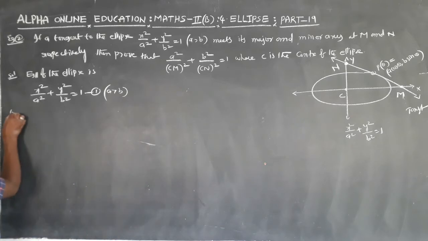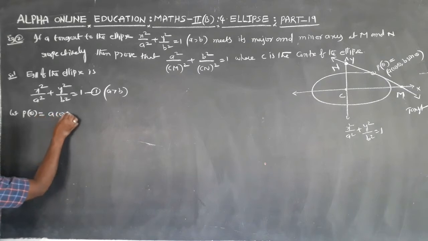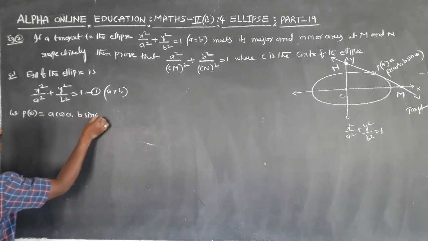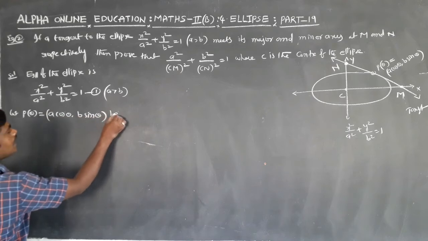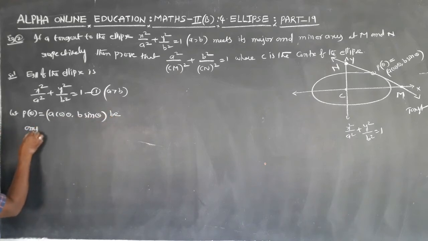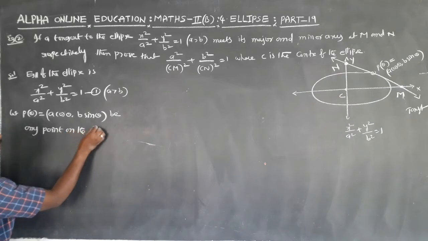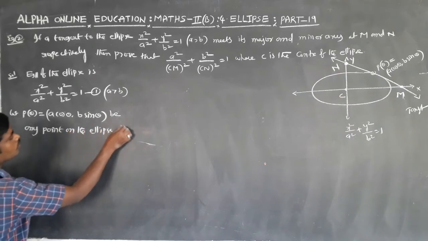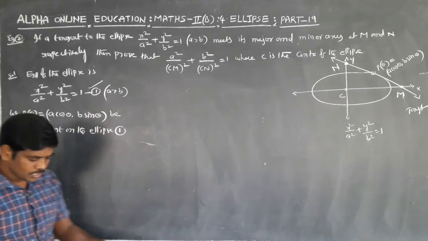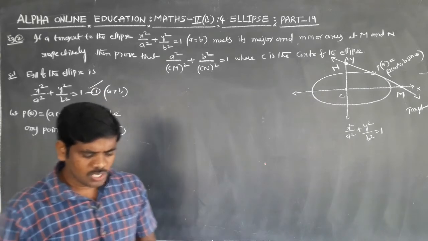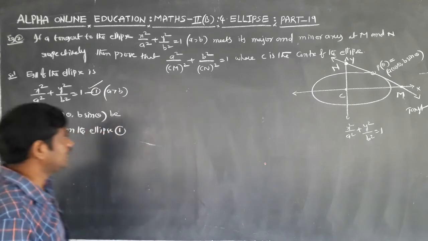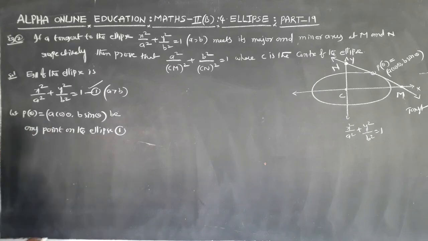Here let P of theta, equal to (a cos theta, b sin theta), be any point on the ellipse.